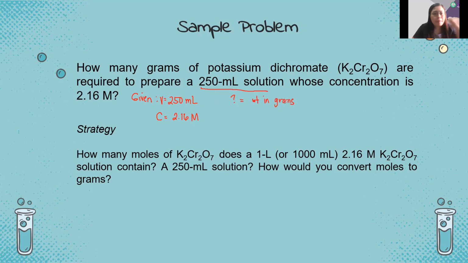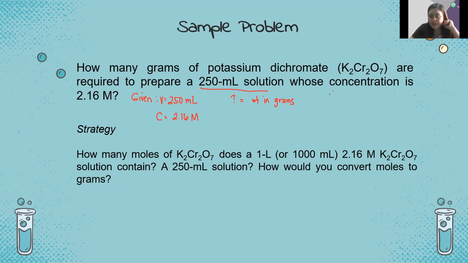Okay. So this problem is reversed, class, because in our example a while ago, we started with the weight in grams and then ended with the computation of the concentration. This time the concentration is already given.